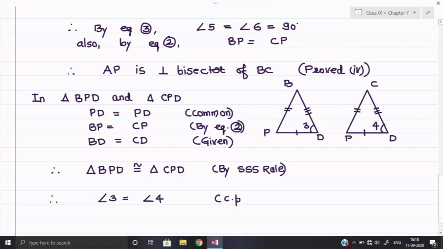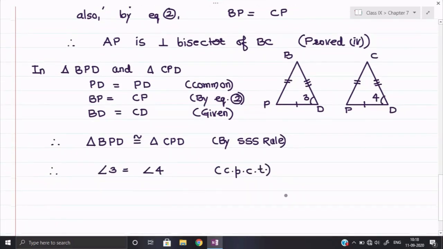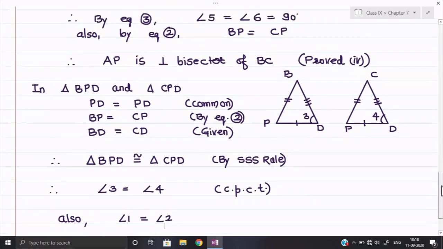So here reason we can give CPCT, and we can say that also see angle 3 and angle 4 we got equal. Also what we have got equal earlier, angle 1 is equal to angle 2. Angle 1 is equal to angle 2. I think we have proved in equation number 1.